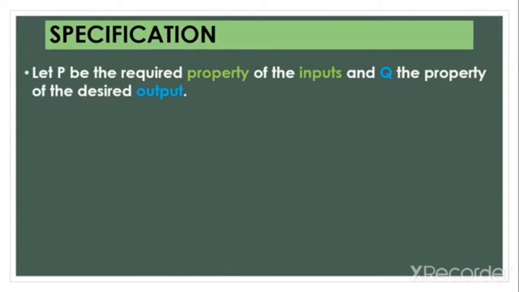Let P be the required property of the input and Q be the property of the desired output. So this is an example of a specification. We can take the property of the input as P, and the property of the desired output is Q here. Then the algorithm S is specified as follows.